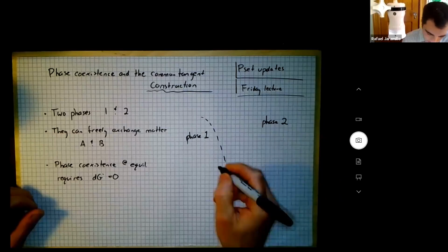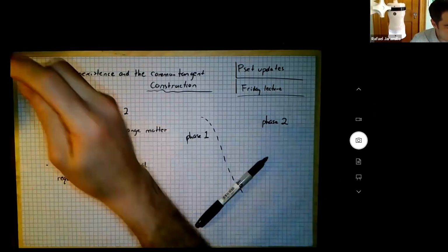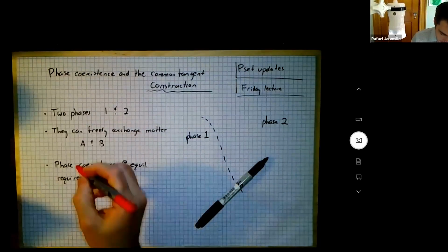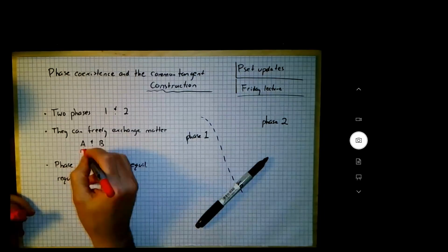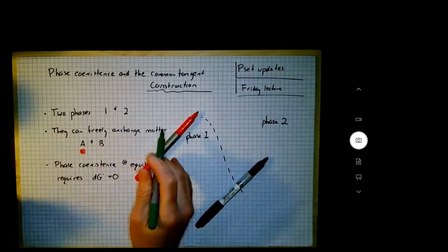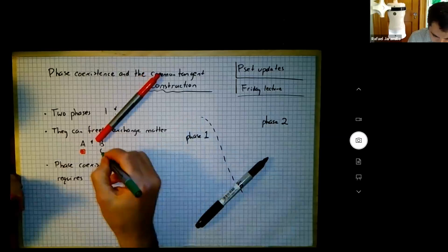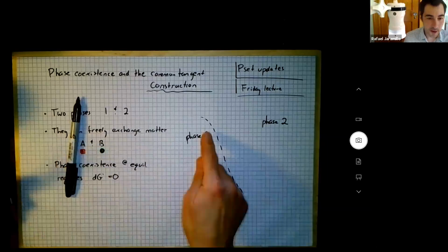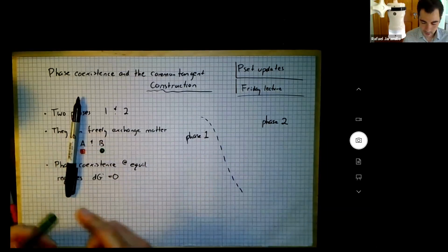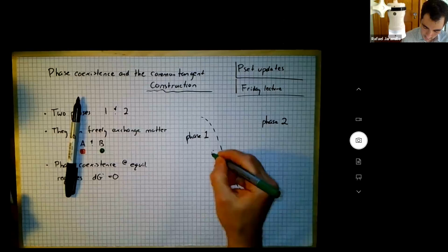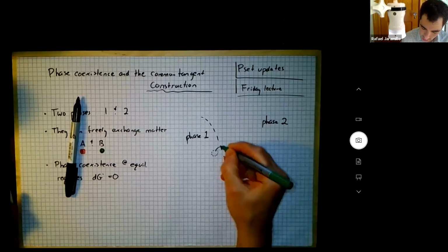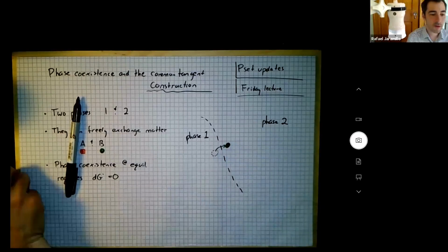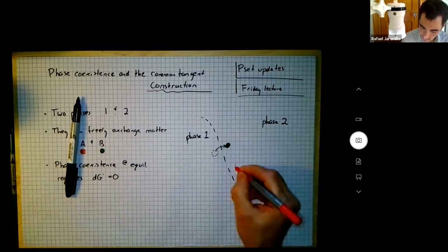And let's say A can be red squares and B can be green circles. And if this boundary is open, then components can freely jump between phases. That's something that can happen. It's an unconstrained internal process. We're not going to stop that from happening.